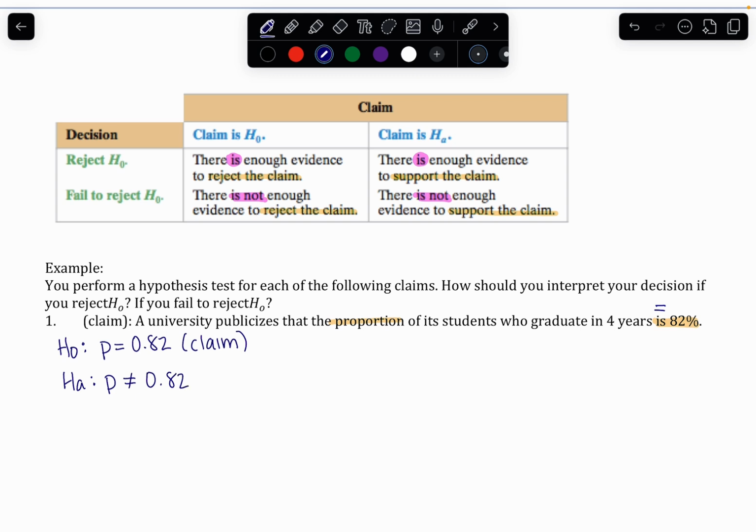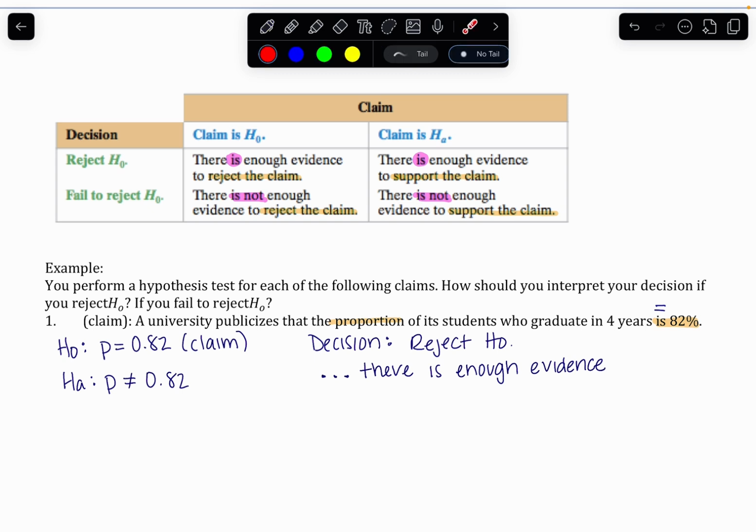So if our decision is to reject the null hypothesis, and we'll talk about how to make that decision in our next section of notes, our interpretation is going to start off with some information that you're given in the problem that we don't have at this point at least. When we reject, that means there is enough evidence, and then we look at our claim.